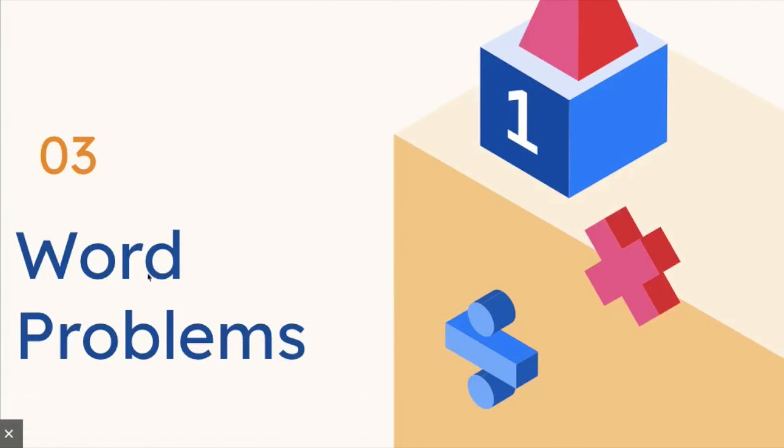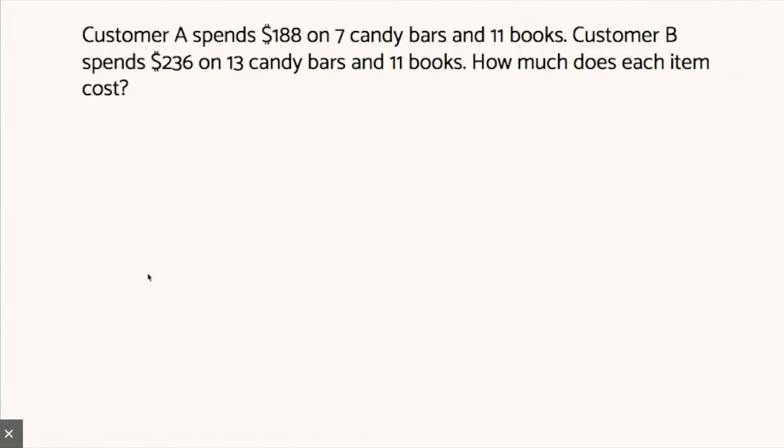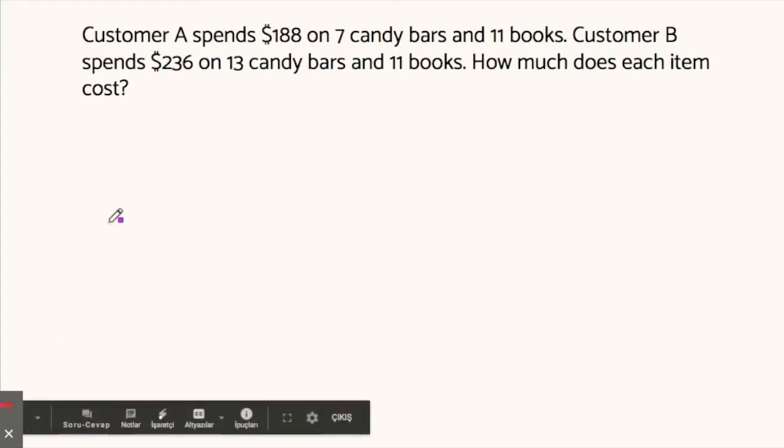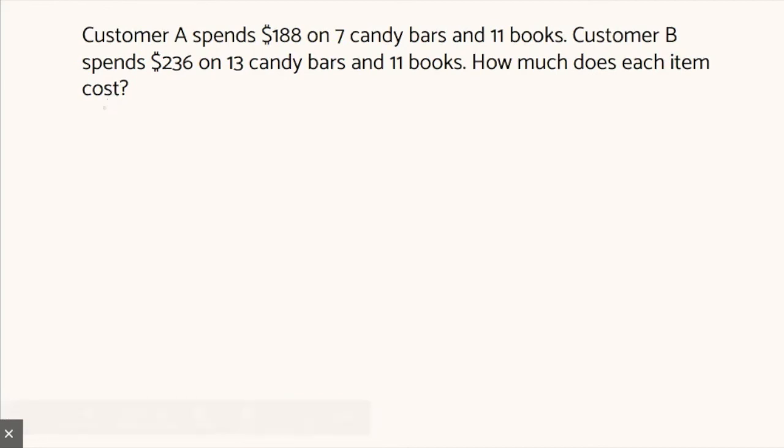Now we have a couple word problems to review what we covered in the previous classes. First, we have a system of equations question in a word problem format. Customer A is spending $188 on 7 candy bars, 11 books. Customer B is spending $236 on 13 candy bars and 11 books. How much does each item cost?